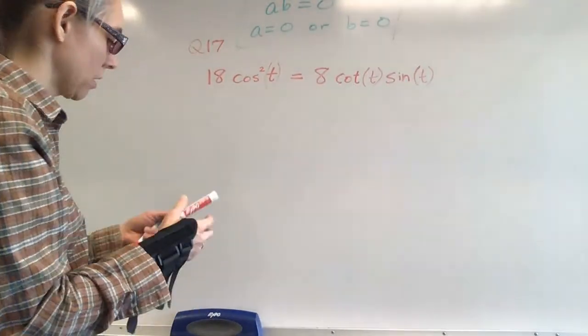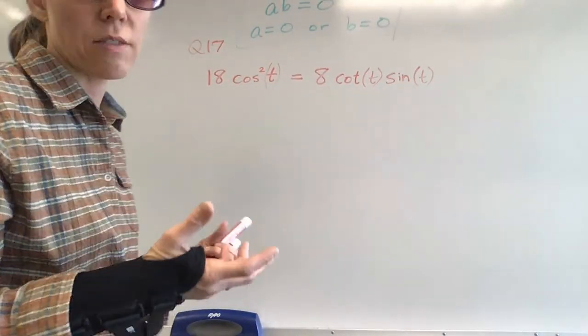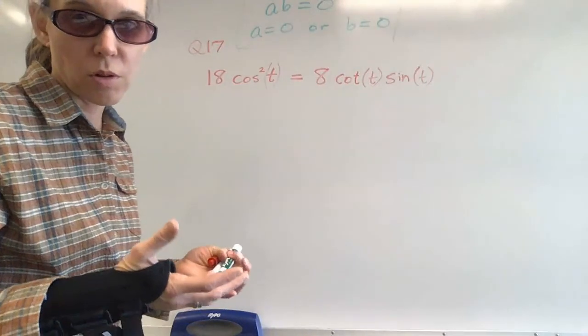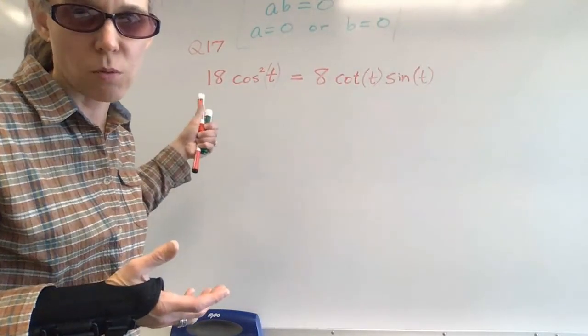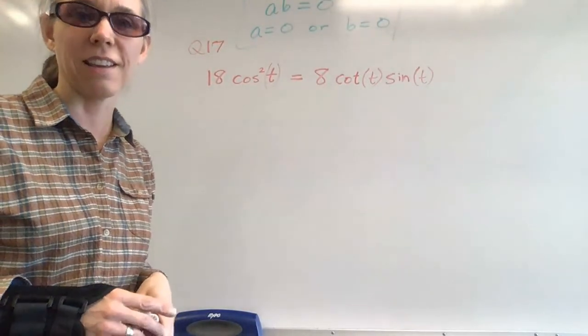Okay, so first thing you want to do is get everything on one side and factor it, but before you would even do that, you would look across this and say, wait a minute, I have 3 different trig functions. That's not good.